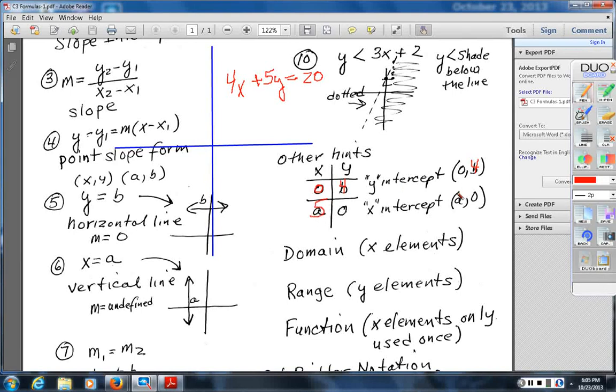And then so this will be a 5. Now when I graph that, my (0, 4) is going to be here. 1, 2, 3, 4. A dot right there. And this is going to be a (5, 0). 1, 2, 3, 4, 5. A dot right there. And I get my line.